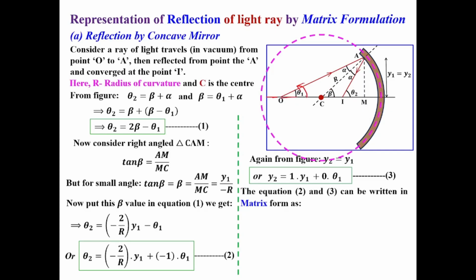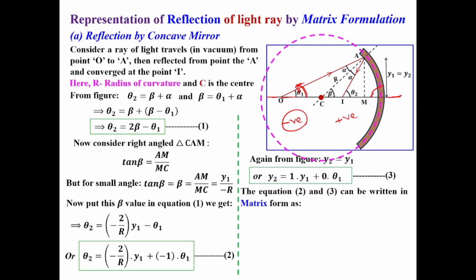Anti-clockwise. Whenever we consider anti-clockwise, that will be considered negative. If we measure the angle clockwise from this principal axis, then that will be positive.